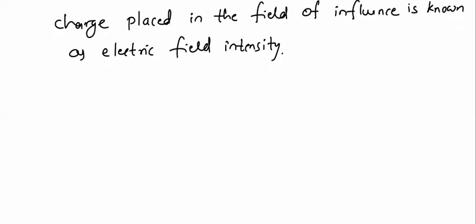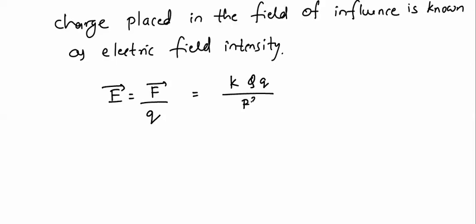So from this we can write the E vector as F vector divided by Q, where Q is the unit positive charge. Just now in Coulomb's law we have seen that the F vector is K into Q divided by R squared into the AR vector, divided by Q. So Q and Q get cancelled.